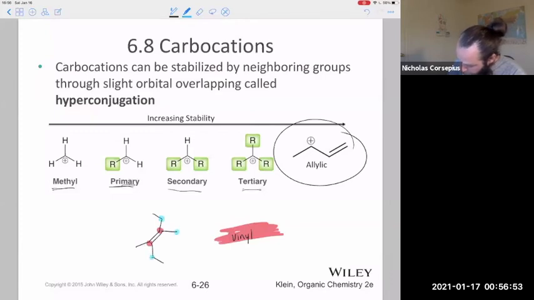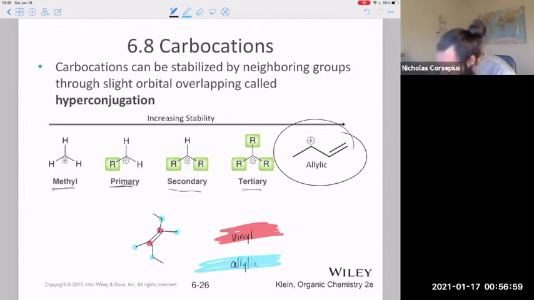So this particular compound has 4 allylic positions. A carbocation located at any one of those 4 positions, at any allylic position, is even more stable than a tertiary carbocation. So one of the things that you need to make sure you're doing when you're doing the reaction mechanisms for these reactions is you're always forming that allylic carbocation.